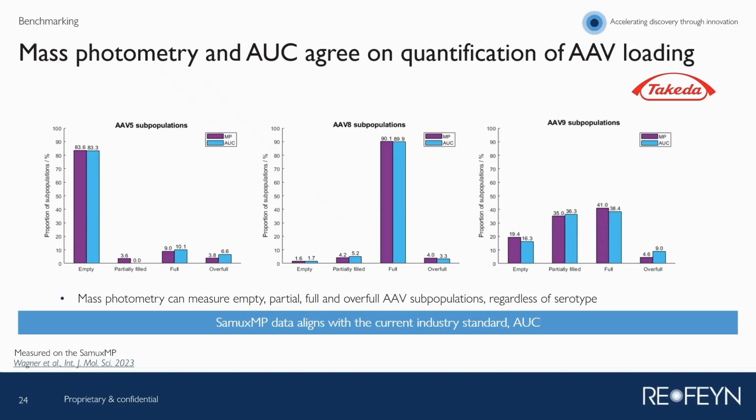As you can see, mass photometer identified four different populations in each of those samples: empties, partials, fulls, and overfulls, regardless of the serotype, all in alignment with the orthogonal technique AUC, thus helping us conclude that SAMX is serotype agnostic and can reliably and accurately measure your different AAV populations, all in alignment with its industry standard AUC.